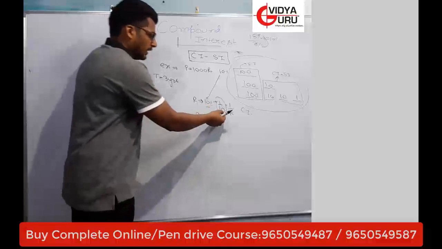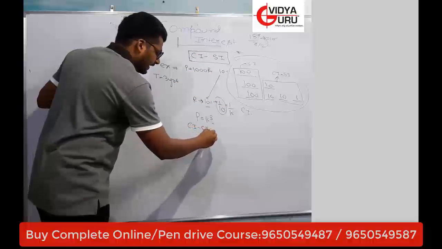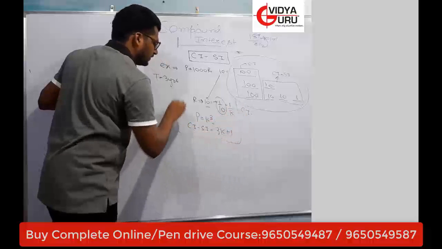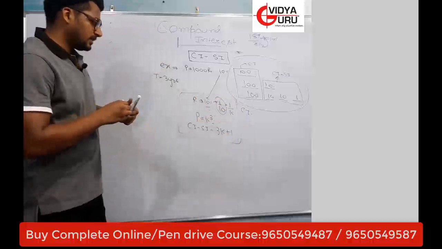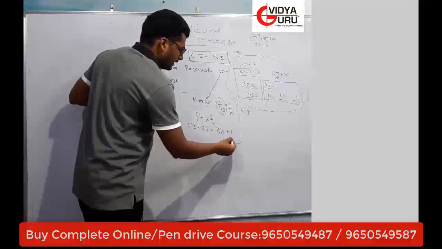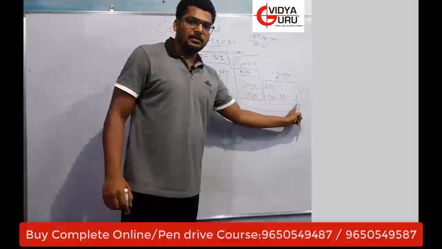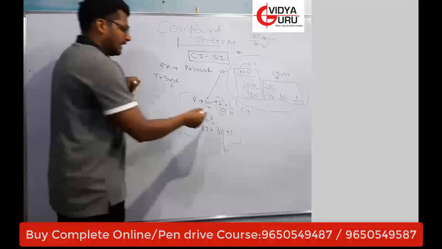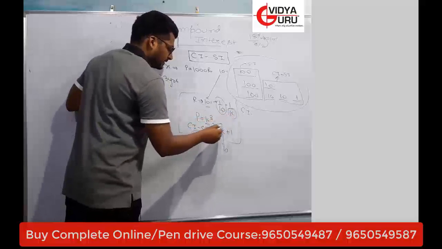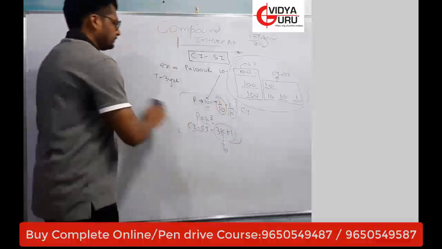You can see 10 cube is 1000, and the difference between CI and SI is 3k plus 1. If I put k as 10, 3 times 10 is 30 plus 1, 31. And the difference of CI and SI is 31. So in case of 3 years, if the rate is in the form of 1 by k, then the principal is k cube and CI minus SI is 3k plus 1. So coming on to our question.